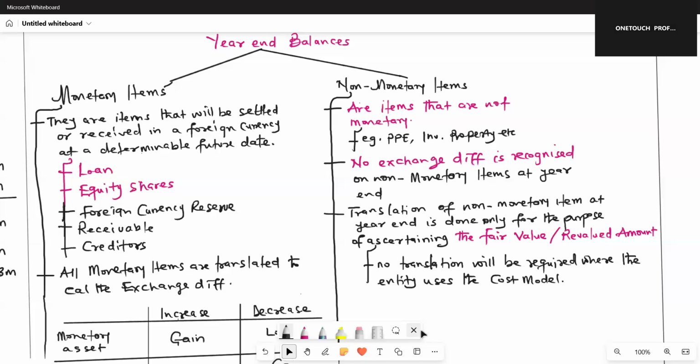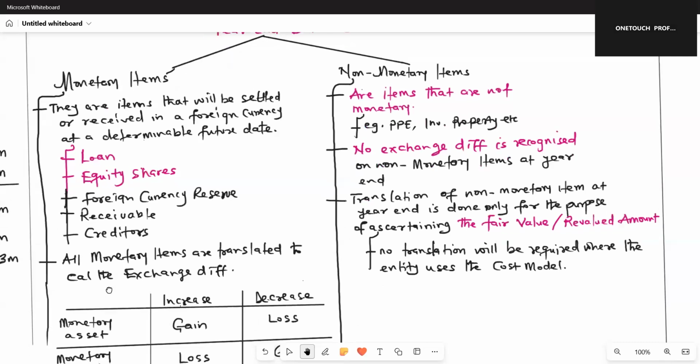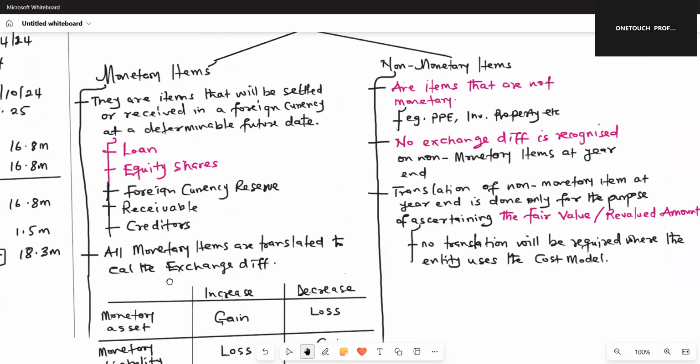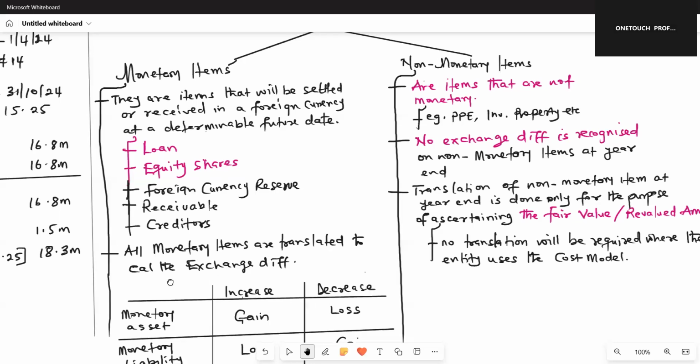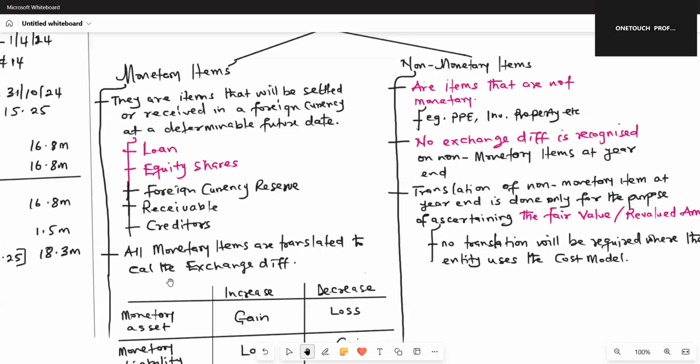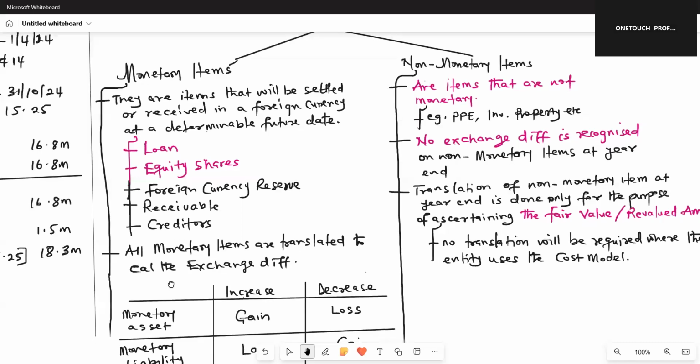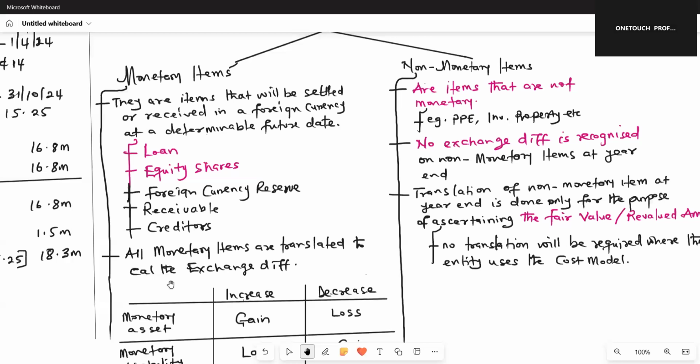Honorable Jude, your hand is up. Yes, sir. Looking at the examples we've given for the monetary items, it means that possibly financial instruments will be part of the monetary items. Yes, financial instruments is part because it involves whether you are paying cash or you are receiving cash. Oh, okay. So what about when there are issues of the OCI and those things?